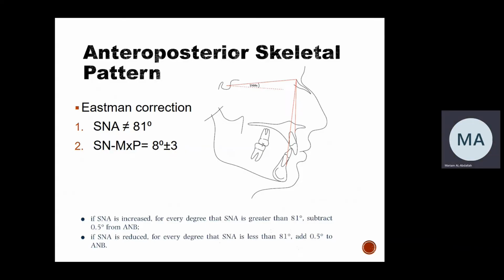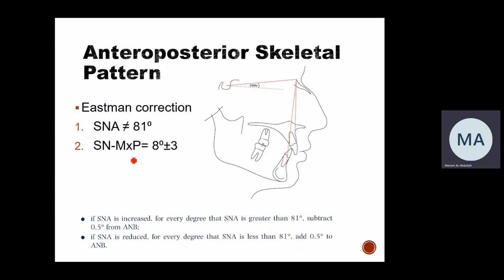Number 1, SNA should not be equal to 81. So if your patient's SNA scored 81, that means Eastman correction is not applicable. We cannot apply it. The second condition is to have the angle between the cranial base and the maxillary plane within average, which is 8 plus minus 3, which means 5 to 11.